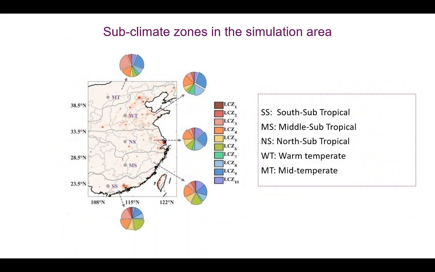We also divide our simulation domain into different climate zones from north to south: south subtropical, middle and north subtropical, and then warm temperate and middle temperate.